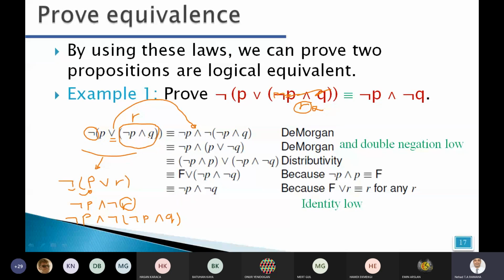So we distributed it, not P and not all this.